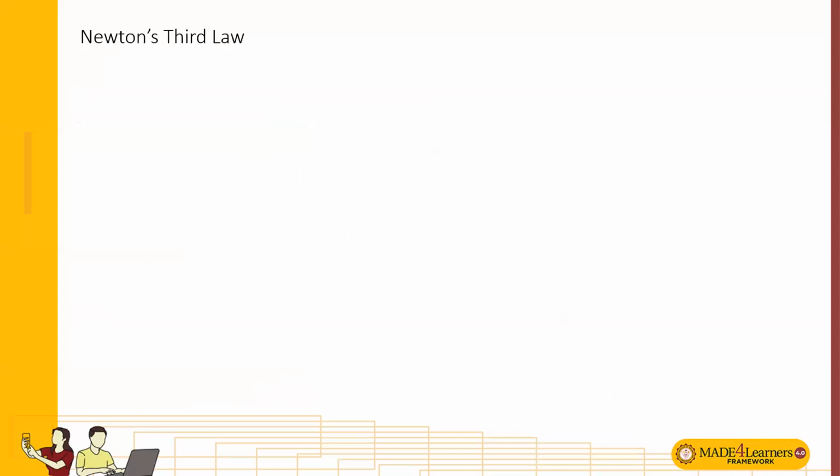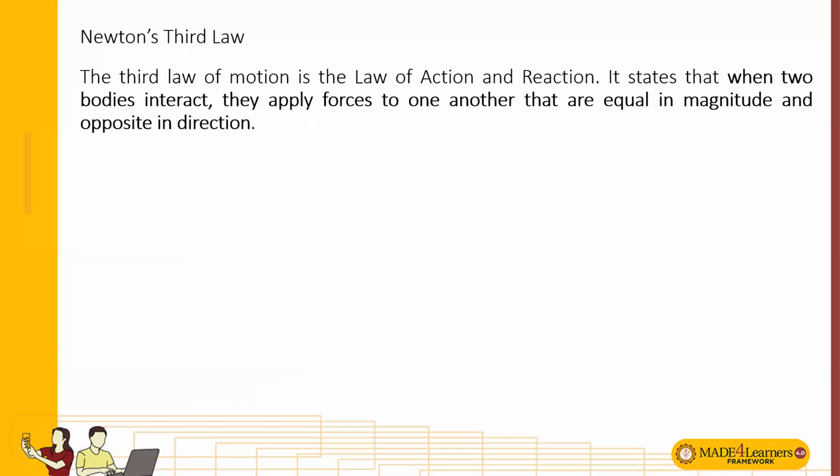The third law of motion is about action and reaction. It states that when two bodies interact, they apply forces to one another that are equal in magnitude and opposite in direction. So forces are applied to another object, not just one object with a lot of forces acting on it.